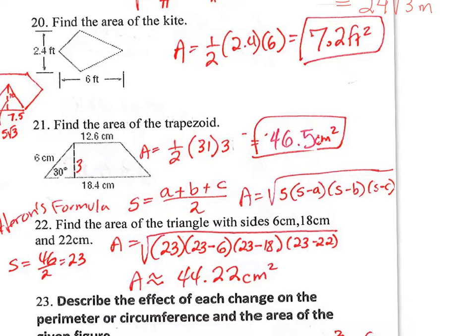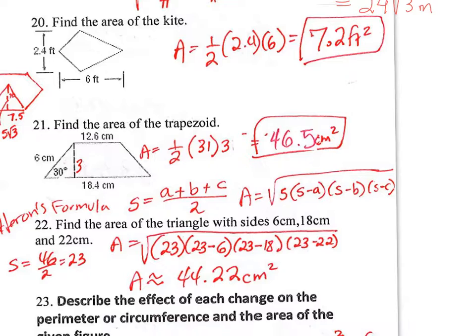So it's 1/2 the sum of the bases, that's for a trapezoid, which is 31, times the height, which is 3. Then just put that in the calculator, and that gives you, did you get 46.5? Because it's 91, then divided by 2, 93, then divided by 2 is 46.5 square centimeters.